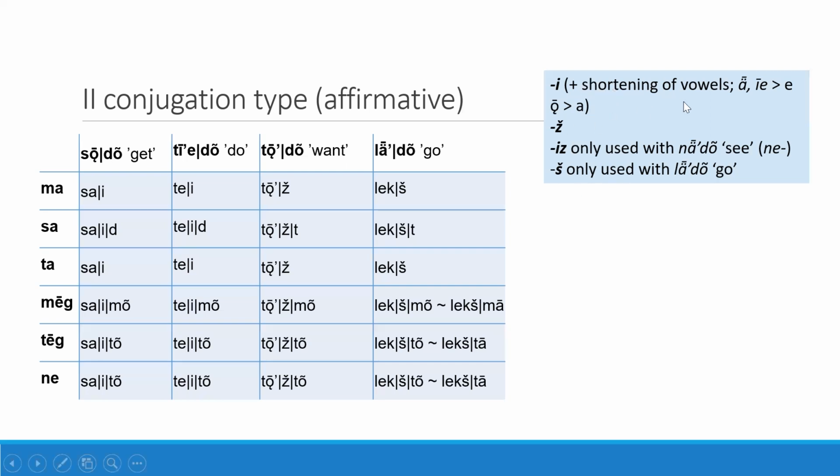So it's a shortening, and what is also going on is shortening of vowels, because you see that there is soode, and then when you start inflecting it, it's ma sai, tas said, tas sai, meg saime, teeg saite, ne saite. And there are other things that can happen, for example here, tiede, so to do. You see out of ie you get ma tei, sa teid, ta tei, meg teime, ne teite.